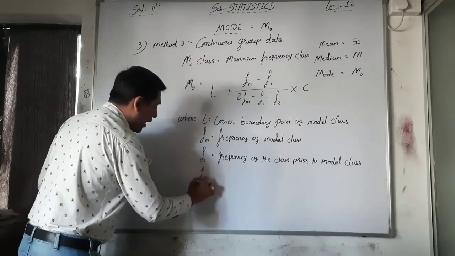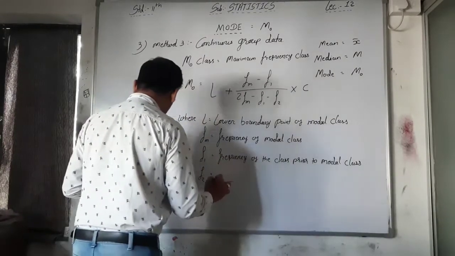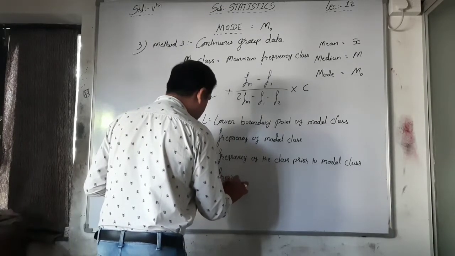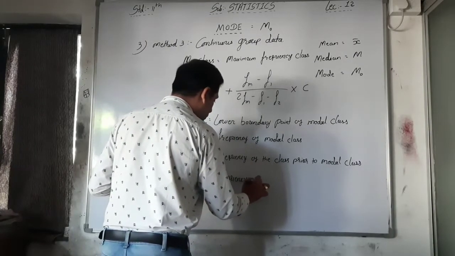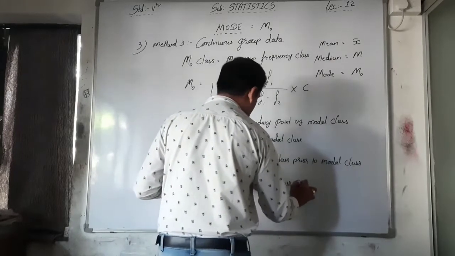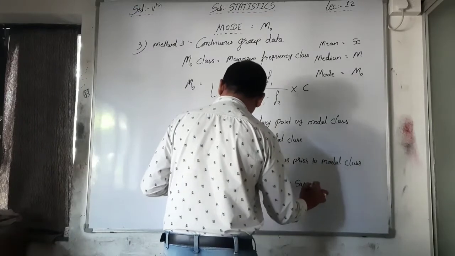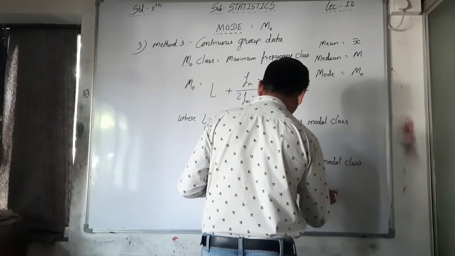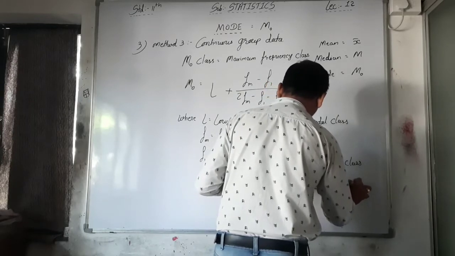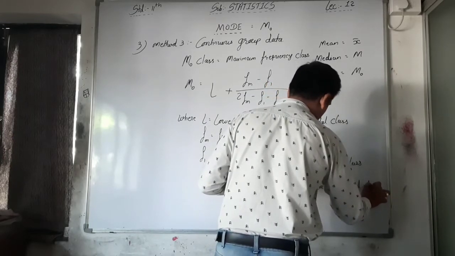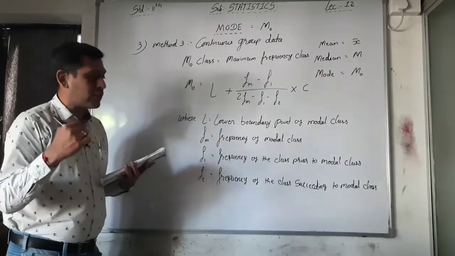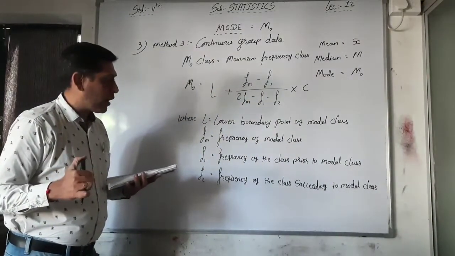Now the second one, F2, is the frequency of the class succeeding the modal class.